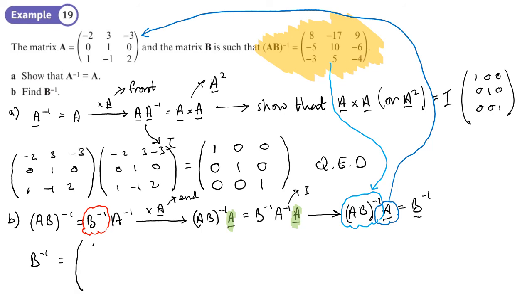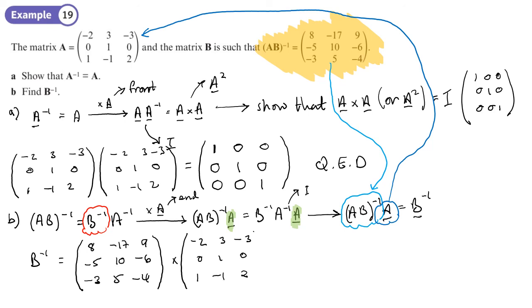So that's going to be 8, negative 17, 9, negative 5, 10, negative 6, negative 3, 5, negative 4, times by, and you must keep the order the same, negative 2, 3, negative 3, 0, 1, 0, 1, negative 1, 2. So all we've got to do now is to multiply these two matrices together. Let's see what we get.